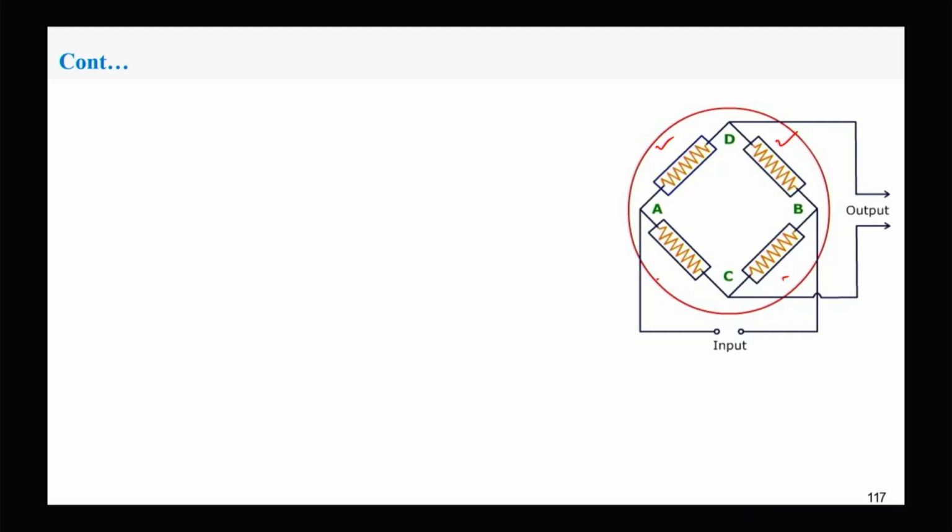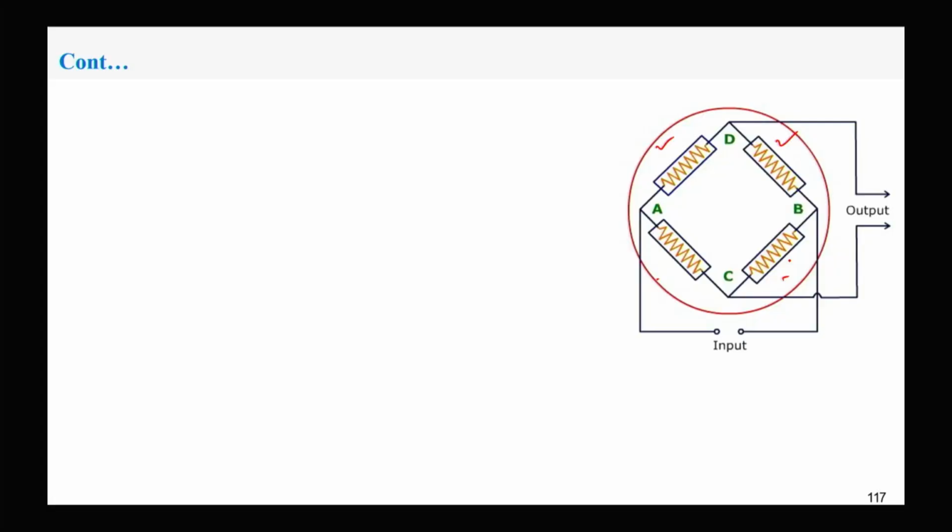Now, while applying load, the top portion will get extended, so these resistance wires will also get extended, and the resistance wires which are fitted at the bottom will get contracted.